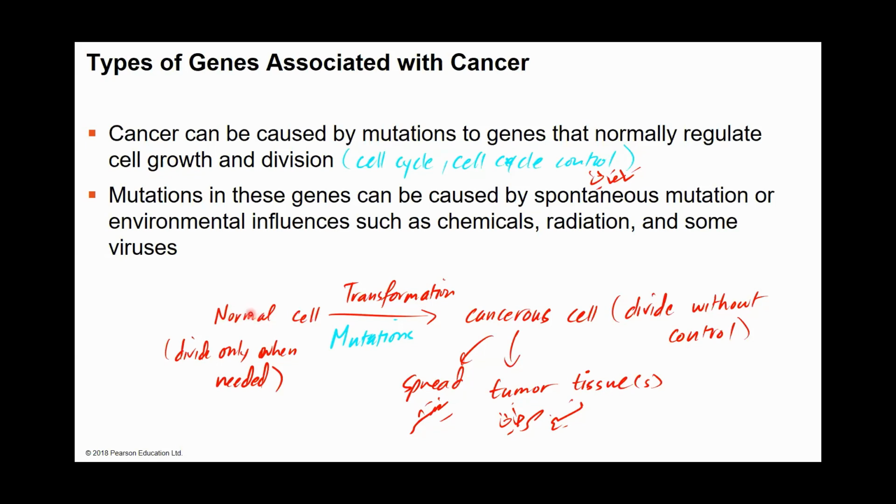And these cells, if they somehow acquire mutations in genes that are essential for cell growth and division, and if they accumulate a certain number of mutations in genes important for controlling cell division and cell growth, they might start dividing even when they are not needed to divide, and they will start dividing until they form a tumor tissue, an abnormal tissue surrounded by normal tissues. Also, they might start spreading to other locations in the body and start forming other types of tumor tissues. Okay.